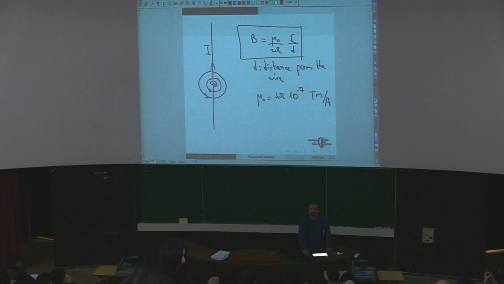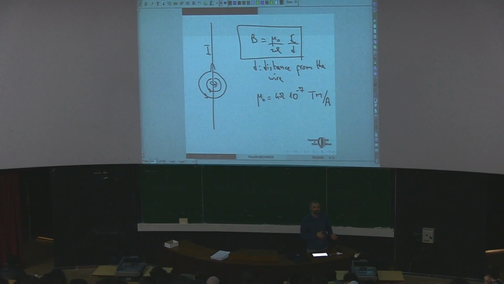Besides the potential, the electric field, in one particular example, had exactly this behavior. If we had an infinitely long wire that's carrying a uniform charge, the electric field created by this wire had exactly the same behavior.